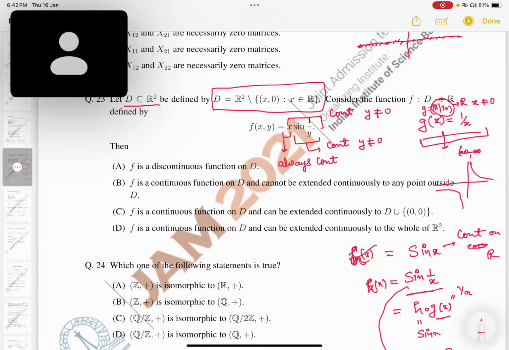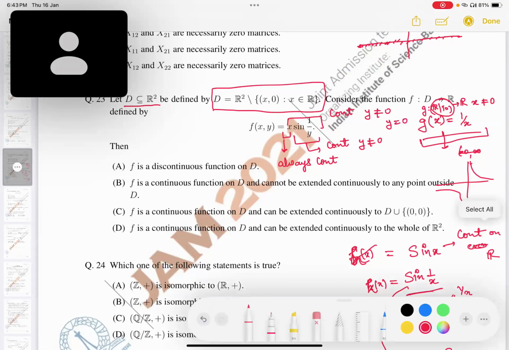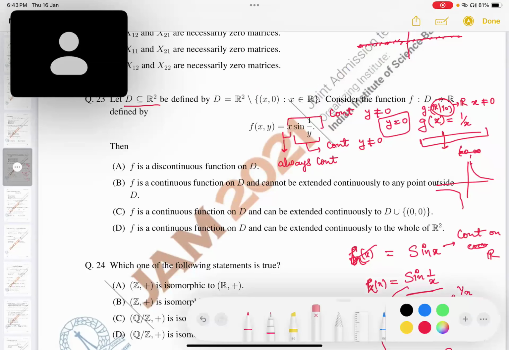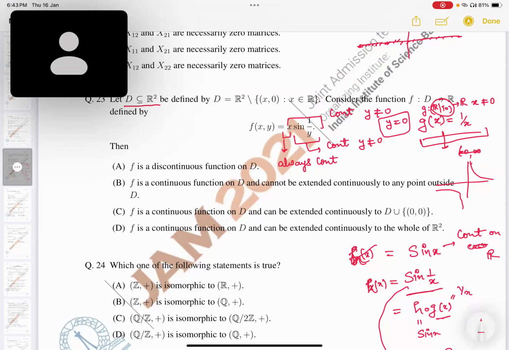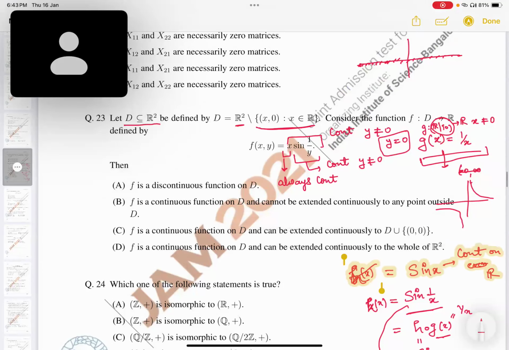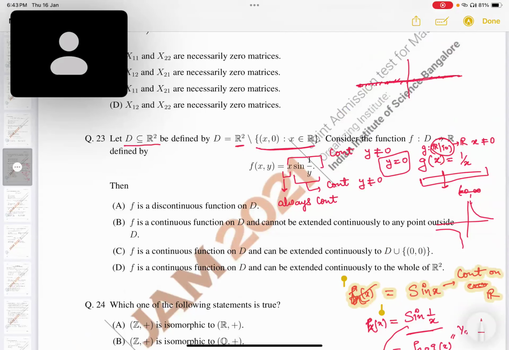But y equals 0 is not in the domain. In the question, they have mentioned that your domain is R square minus this set. The only points where y is 0 are on the x-axis, and that's not in your domain.